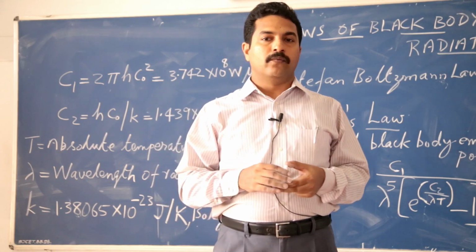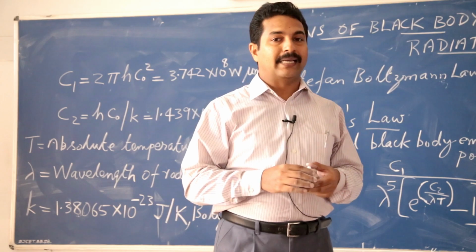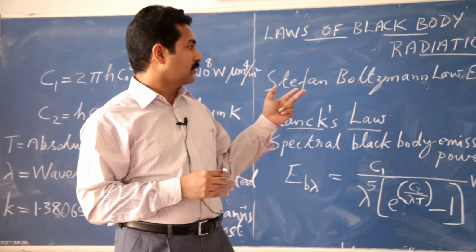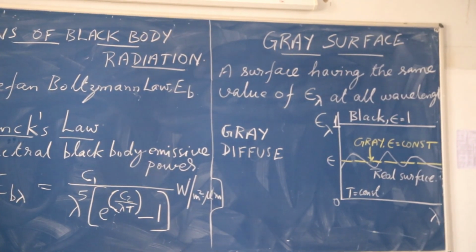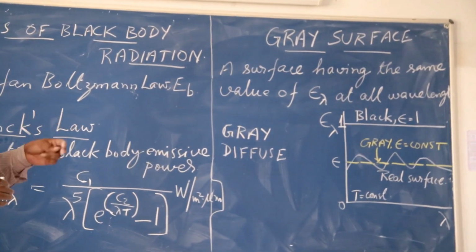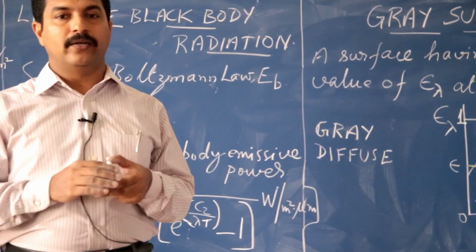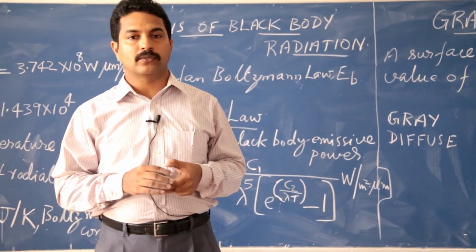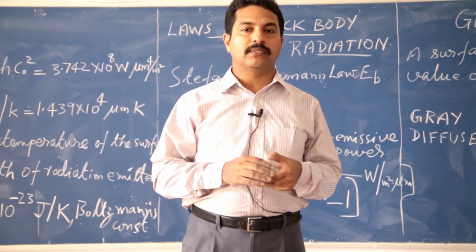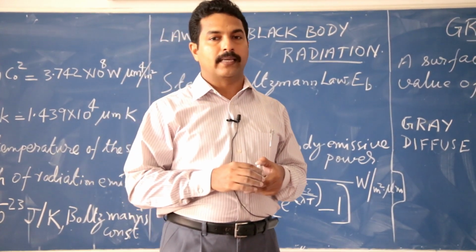Then we studied what is known as a gray surface, a surface having the same value of epsilon lambda at all wavelengths. Oftentimes in radiation heat transfer a surface is referred to as gray diffuse: gray means it is independent of wavelength, and diffuse means it is independent of direction.